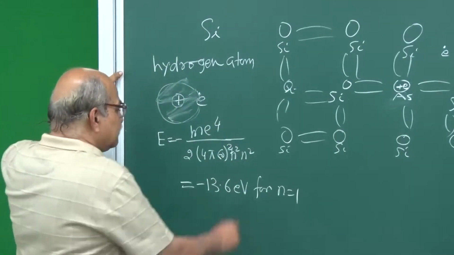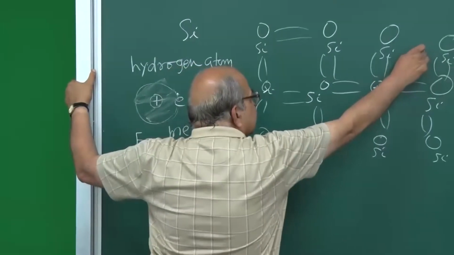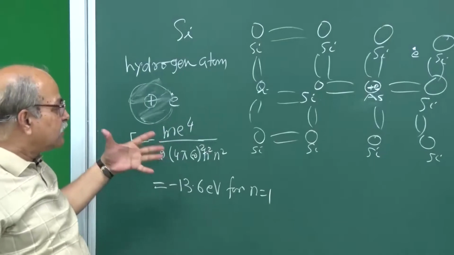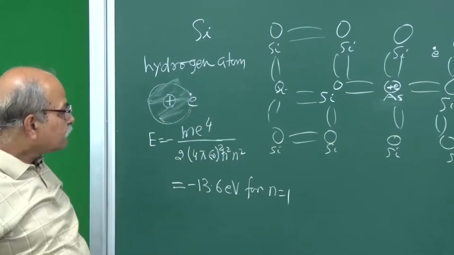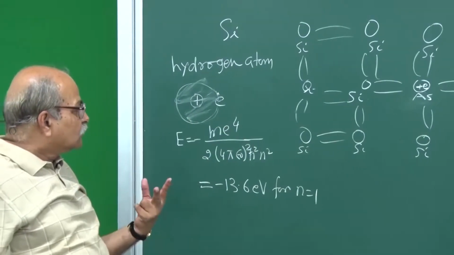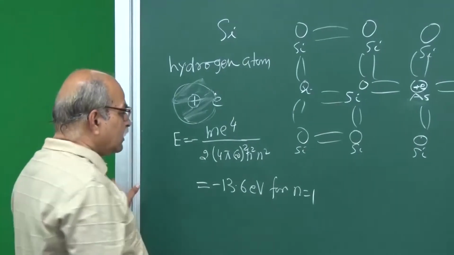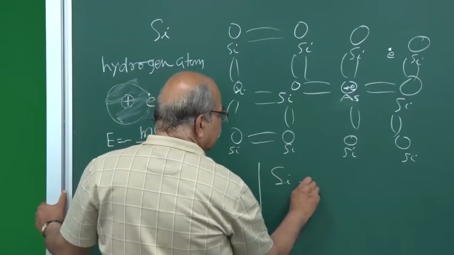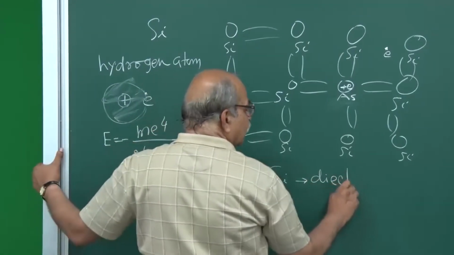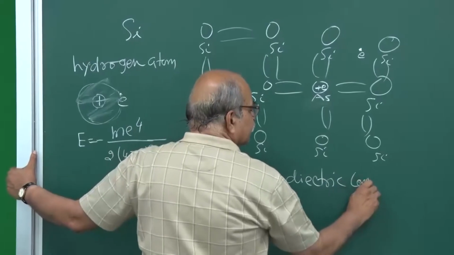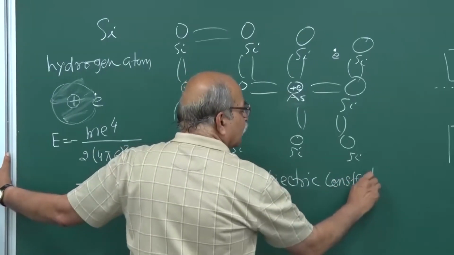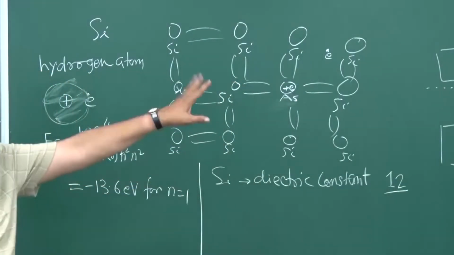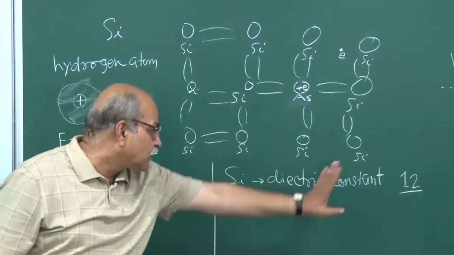So you can have a similar expression for the energy levels of this electron also in the field of this charge. The same expression can be approximated with two modifications. One is that it is in a silicon crystal, and silicon has a dielectric constant of approximately 12, 11.67 etc., so roughly 12.